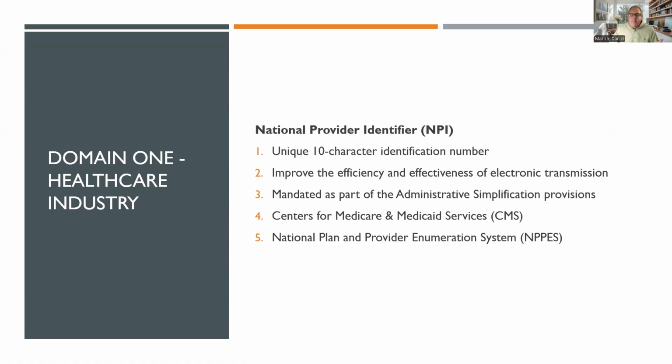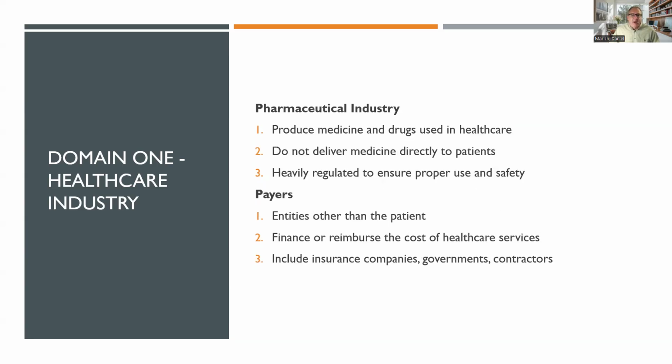And then we have the NPI, the National Provider Identifier, which is a unique 10-character identification number. You should be aware of this already. It's handled by the Center for Medicare and Medicaid Services, and it's also part of the National Plan and Provider Enumeration System. The pharmaceutical industry is mentioned under healthcare industry, heavily regulated, I think were the main points there.